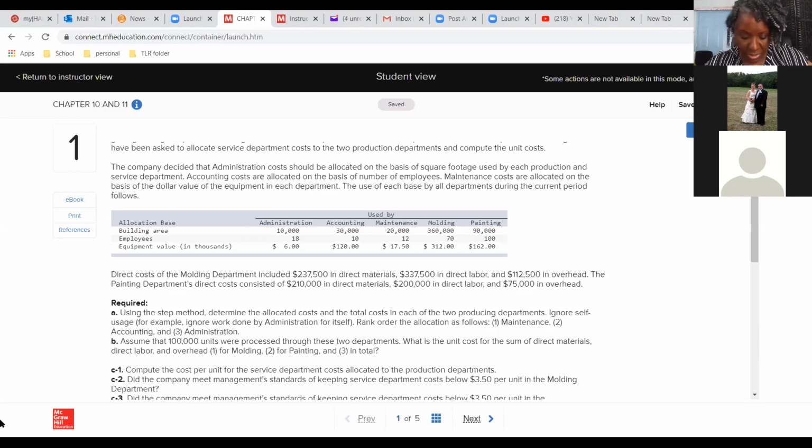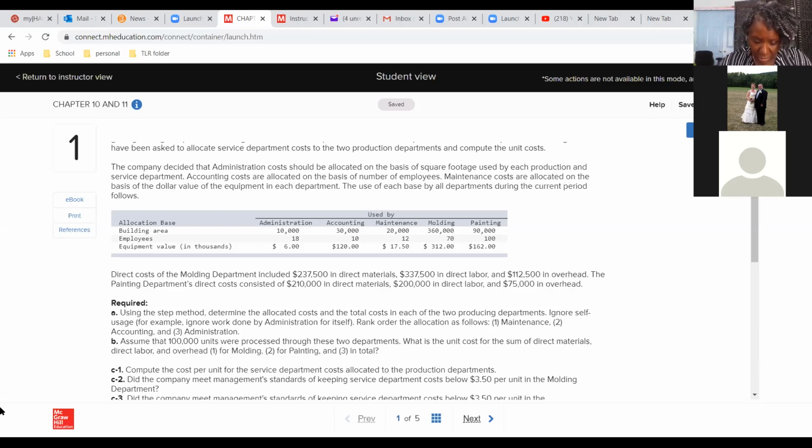Taking the information that we have, our 200,000 is going to be our base.